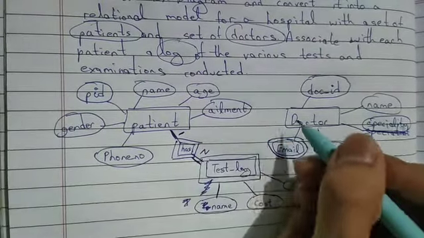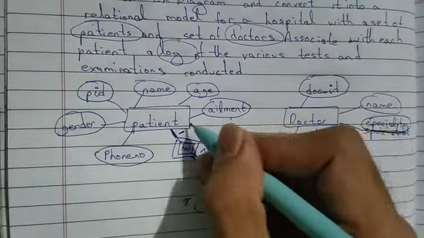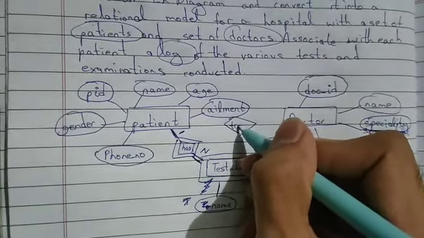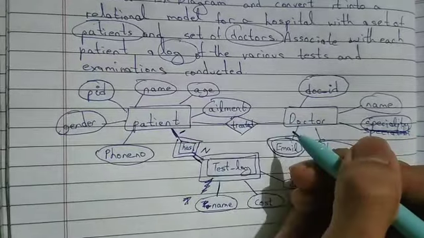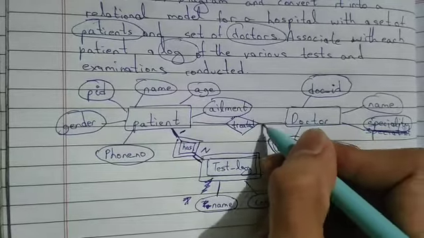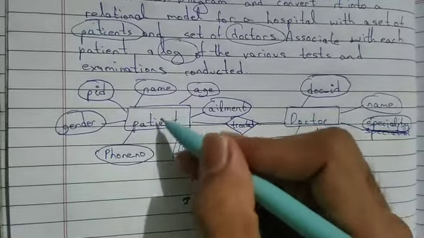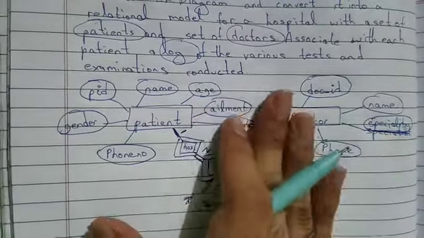And now each patient is treated by a doctor, no? Each patient is treated by a doctor. Now the doctor may be present or absent, and the patient also may be present or absent. It doesn't matter, no? Both are independent of each other.